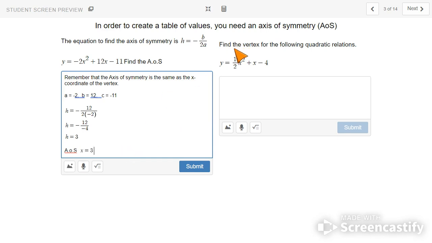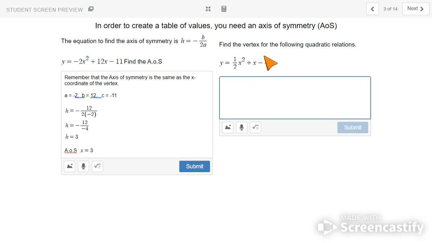The next question we have is: find the vertex of the following quadratic relation. If I know the axis of symmetry, I already know the x-coordinate of the vertex. And to find the y-coordinate, I would just have to substitute it back in to find the corresponding y. Let's do the same thing. We're going to start by finding the axis of symmetry.